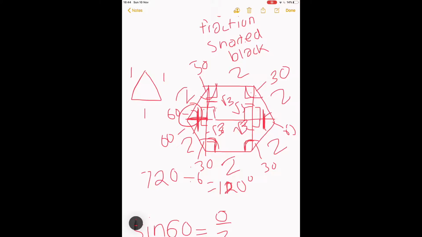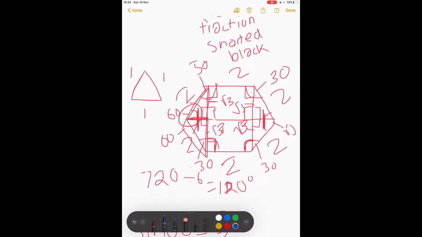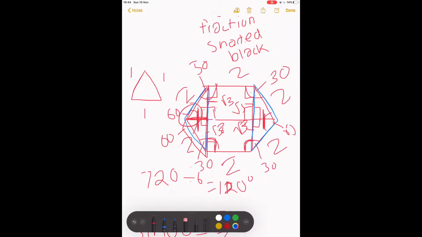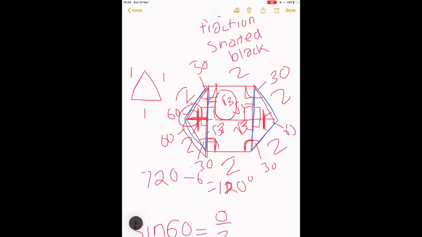If we look at it as a whole triangle now, to make it easier for ourselves, we have our base, we have our height, which is 1, and we know that our base is basically root 3 plus root 3, which we have as 2 root 3.